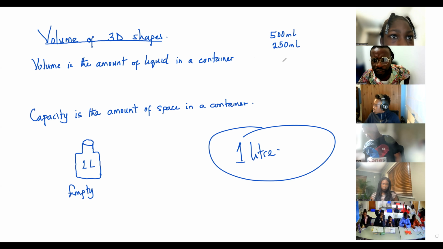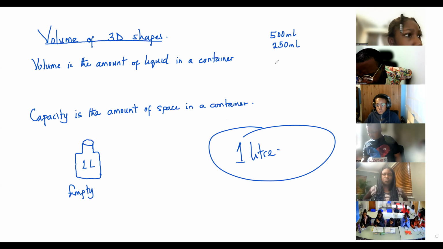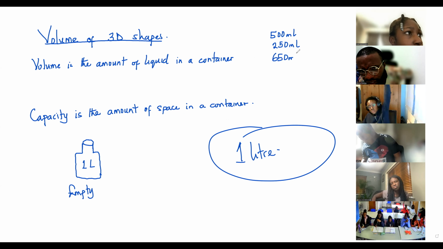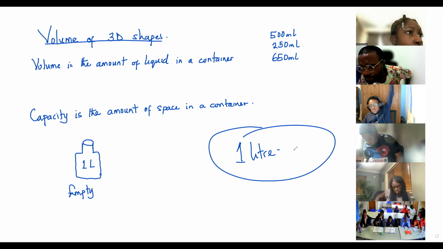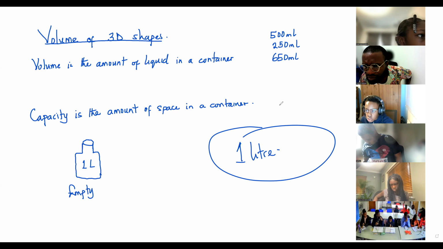Yes, Sophia. 650 milliliters. Okay, yes, Jason A. I think mine is 780. Show us the bottle and look around it.